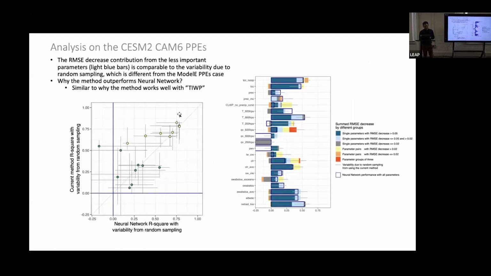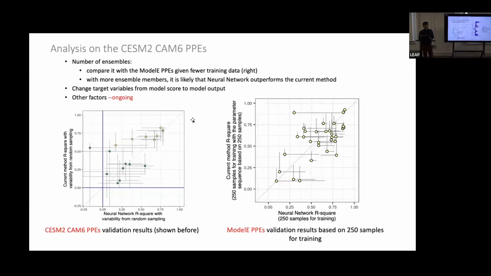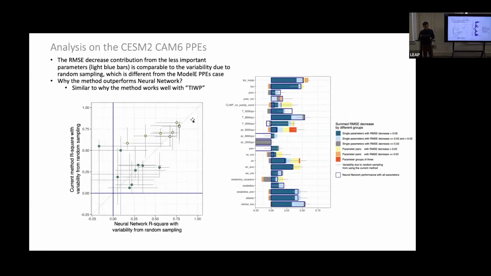Now we're moving on to the CAM6 PPEs. We want to know why the method, in this case, outperforms the neural network, although overall, none of them work extremely well. We think the main reason is similar to why our method works well with TIWP.